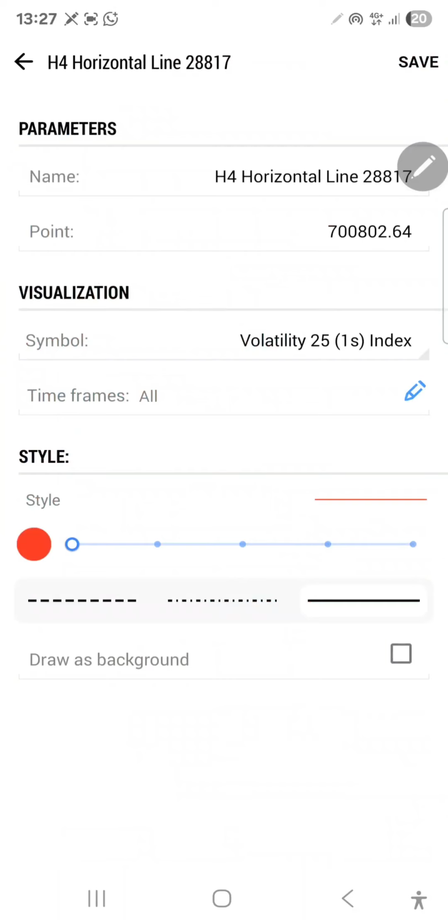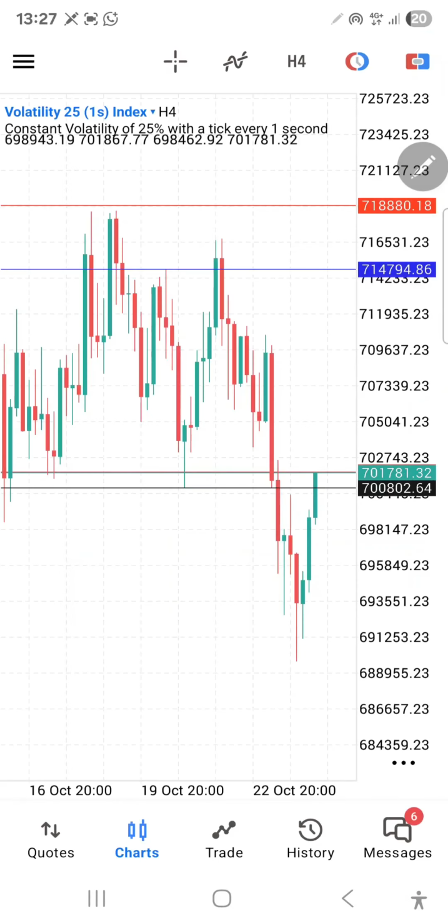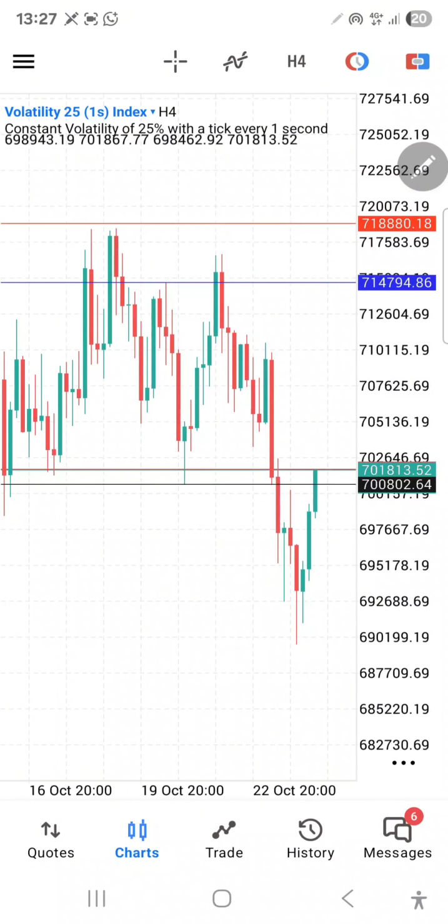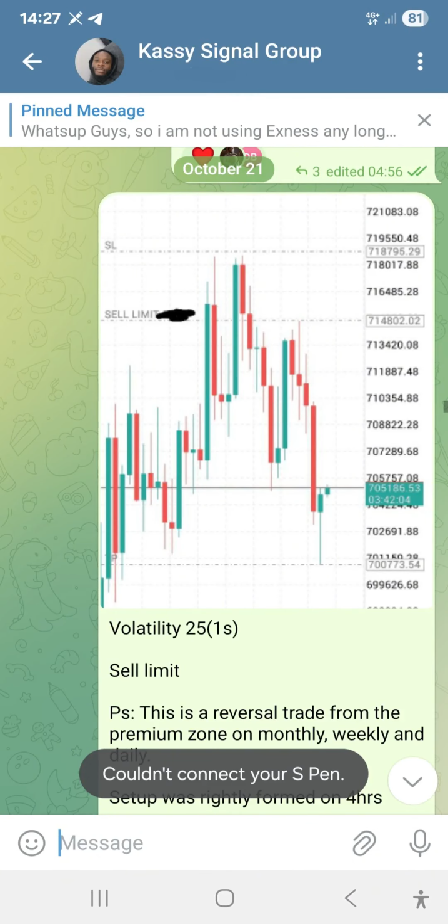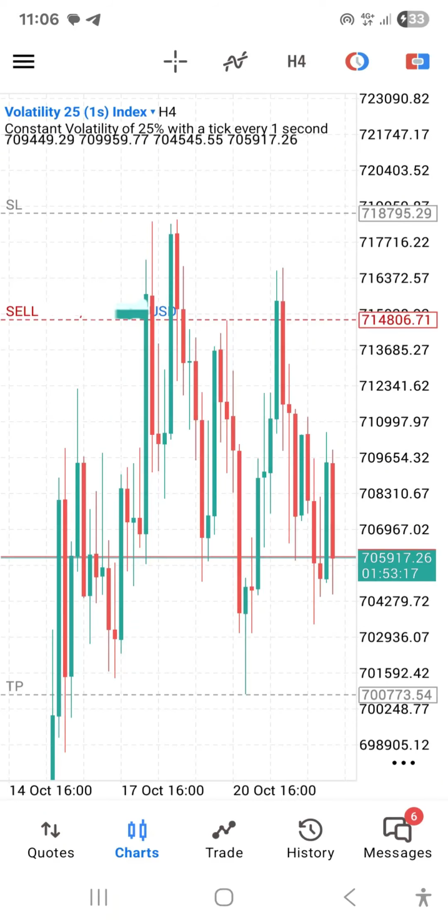I took this trade on Tuesday, and by Thursday afternoon I got my take profit. Boom. So you can see the before of the trade. I also shared it with my inner circle, and this is the after of the trade.